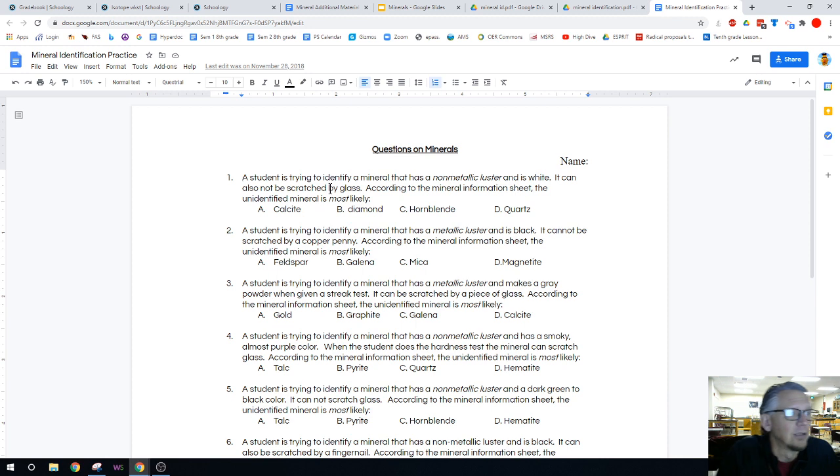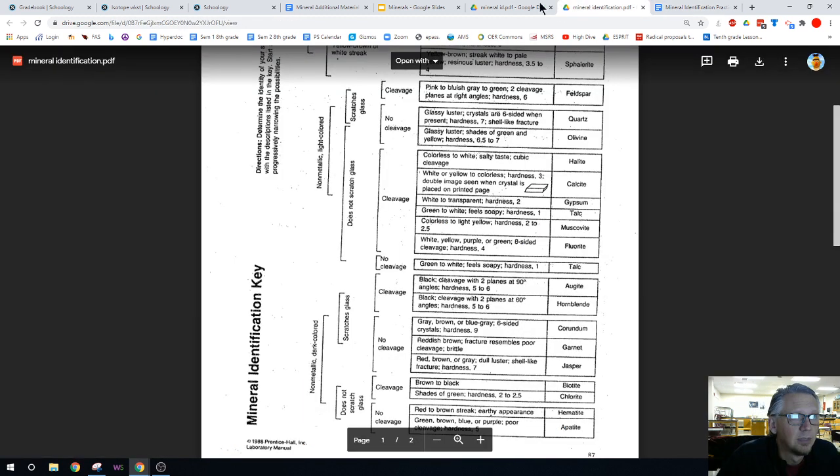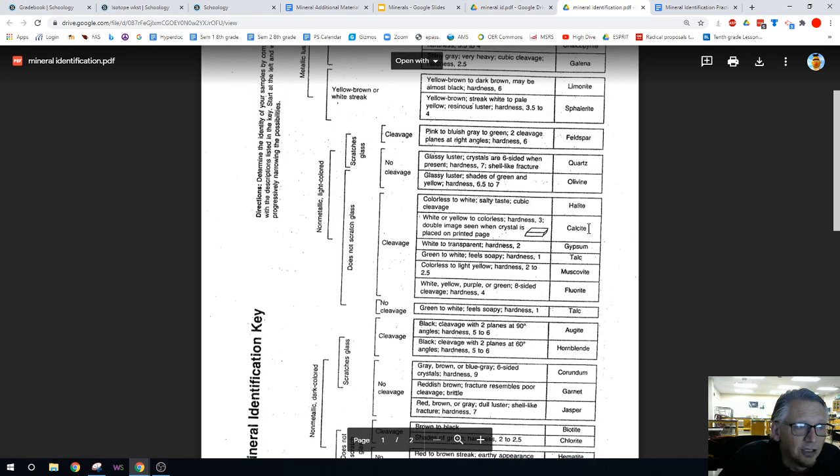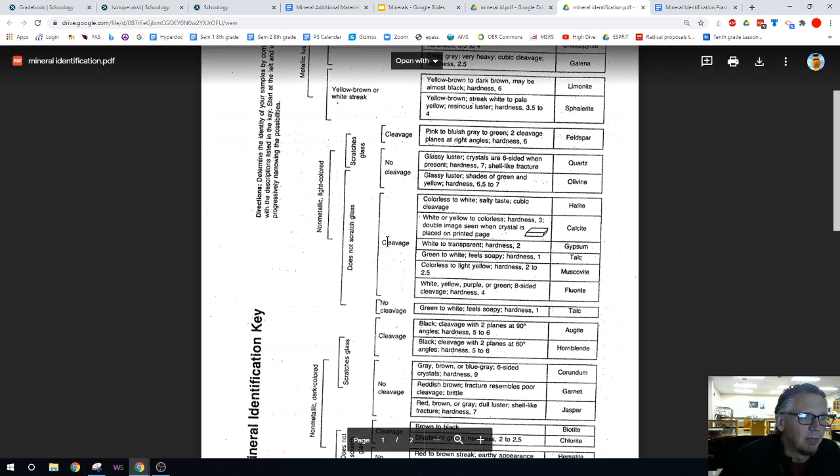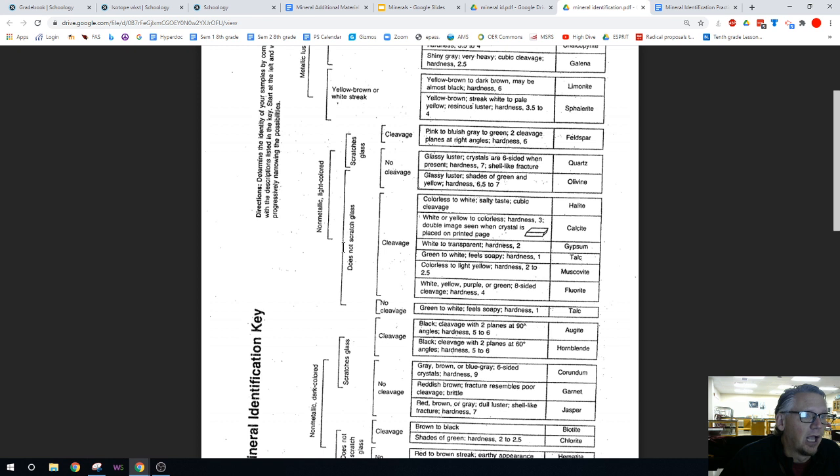So if we take a look at them, calcite, well, we need to find calcite. Here's calcite. It is white, has cleavage, does not scratch glass, non-metallic light colored.